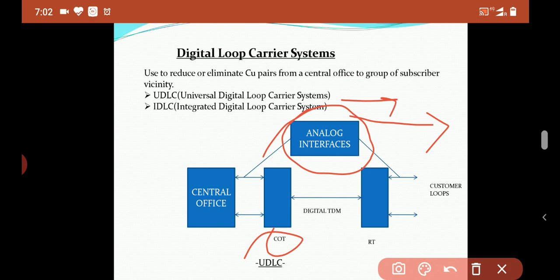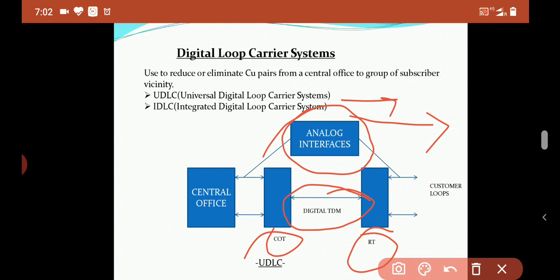Then there is the digital TDM. This particular thing is a digital TDM, the multiplexed digital transmission link between the COT and RT, that is the remote terminal. This is known as the central office terminal.